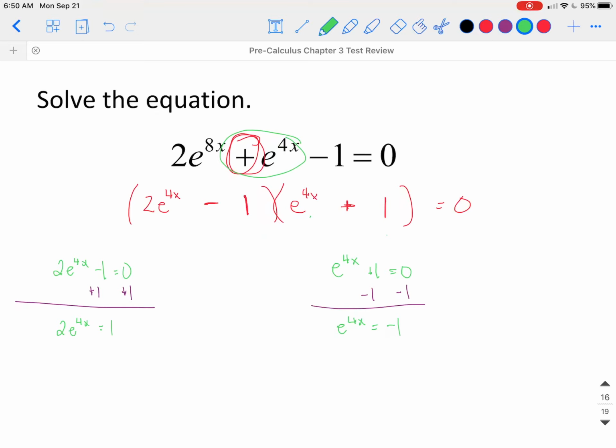Now on the right side, the e part is by itself, so we are good. On the left side, we do need to divide both sides by 2 to get the e by itself. Now, to get rid of the e, we are going to take the ln of both sides.